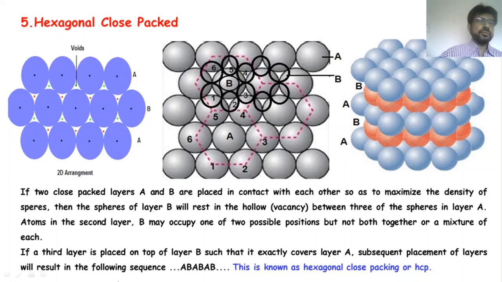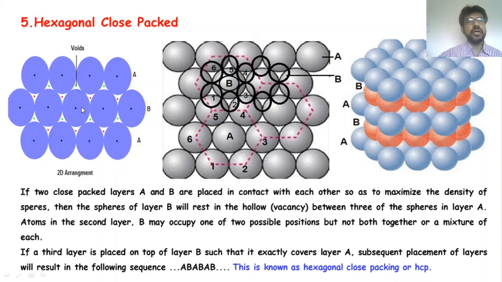If we consider 4 spheres and arrange them on a plane surface, there is the formation of layer A. Then take again some spheres and place a layer B of spheres over layer A. The position of every sphere will be only in the voids of layer A. So it looks like this.